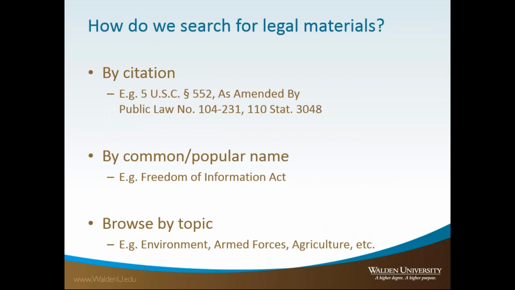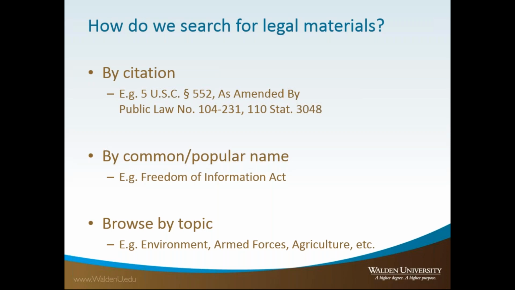So before we go into the databases, let's briefly talk about how we search for legal materials. This is going to mirror the kinds of ways that we search for government documents that I cover in another webinar. We're either going to use a citation, and a legal citation is a very specific thing, and it's not going to look like the APA citations you might be used to, or MLA.